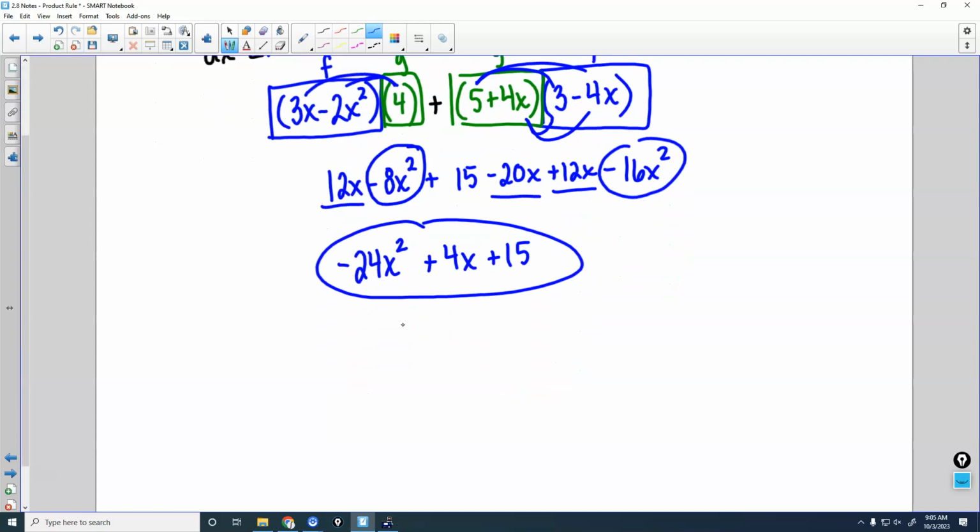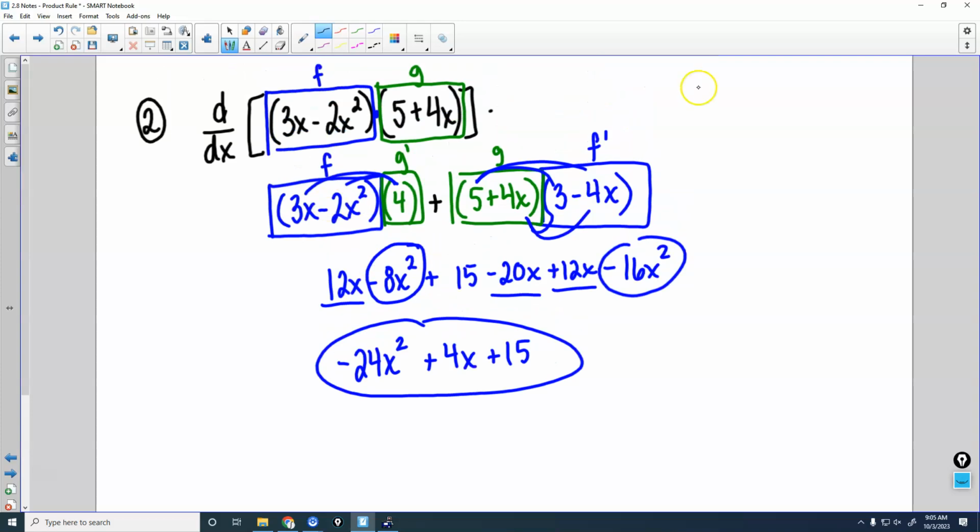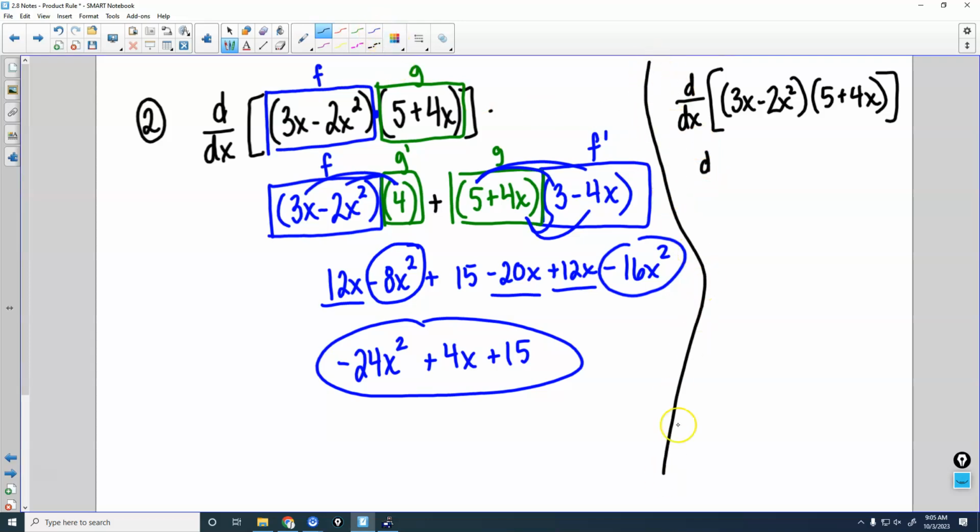So we could instead on this one, I'm going to run through it this way, because when it comes down to it, this actually might be easier to do the other way. There's going to be some we have to use product rule for, and some we've got some options on. So if I look at this same problem again, I could have just multiplied them together in the beginning.